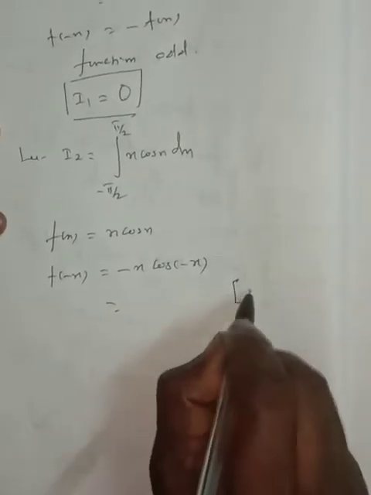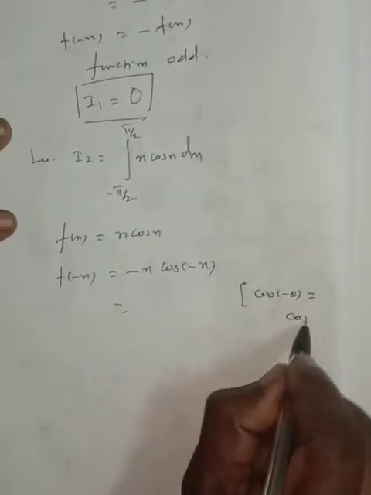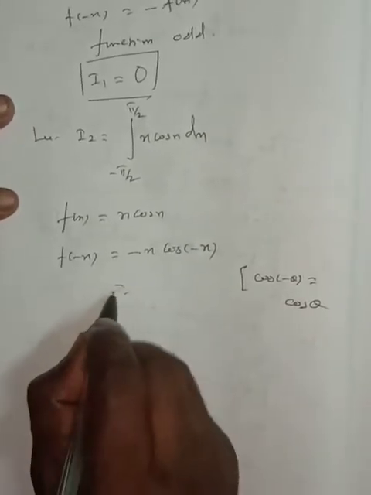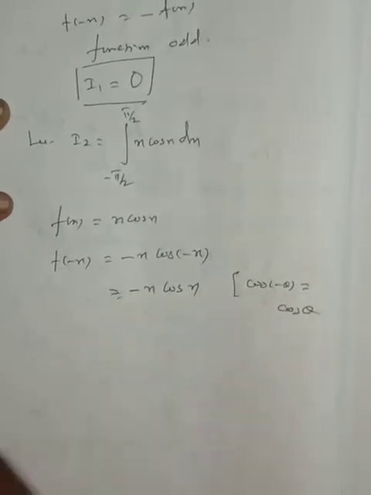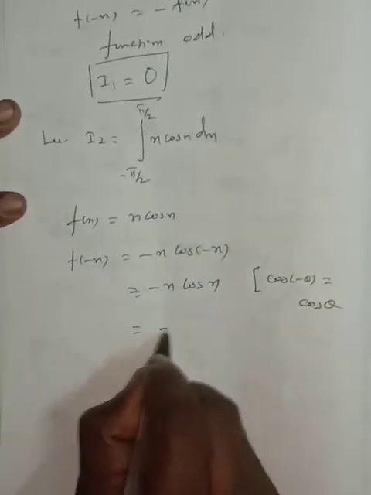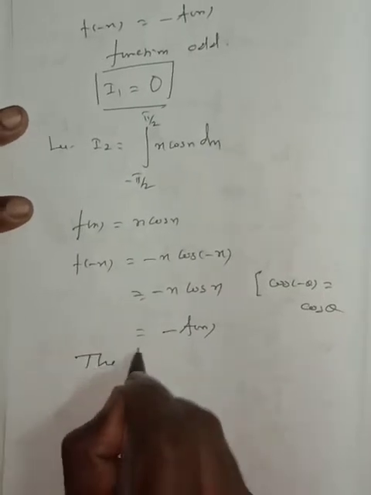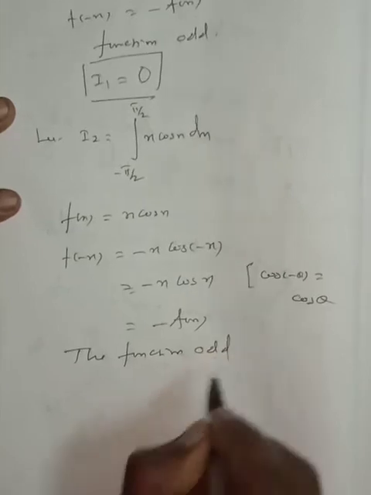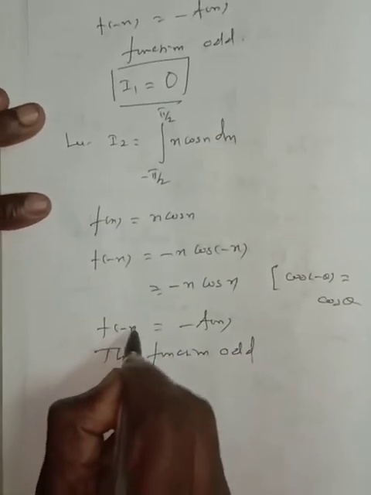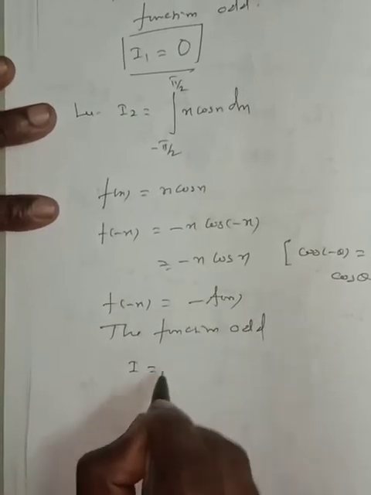We know that cos of minus theta is cos theta, therefore minus x cos x, in this case minus f of x. The function is odd. F of minus x is equal to minus f of x. Therefore, I2 is equal to 0.